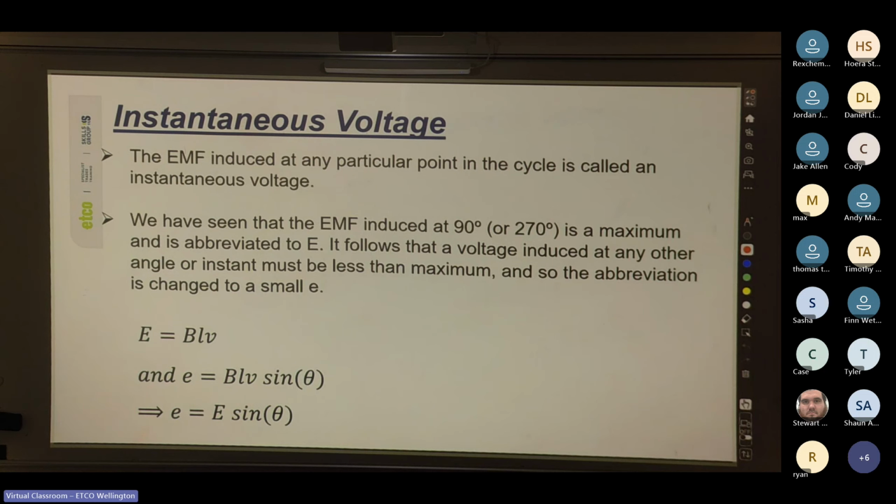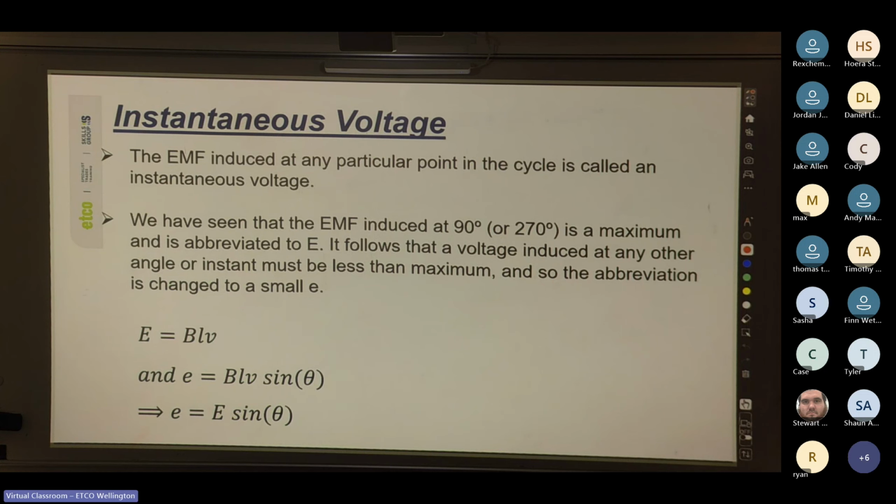So big E equals BLV, and small e equals BLV sine theta. Therefore e equals E times sine of theta. If we have the maximum voltage, we can multiply that by sine of the angle to figure out the instantaneous voltage.